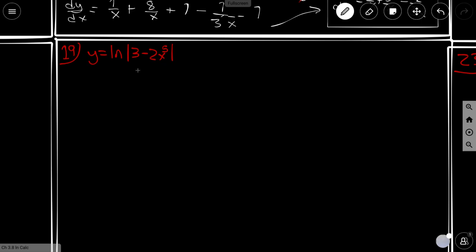This right here, the absolute value sign, you're still going to differentiate it like you normally would.